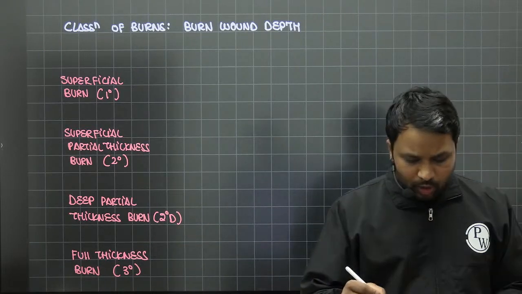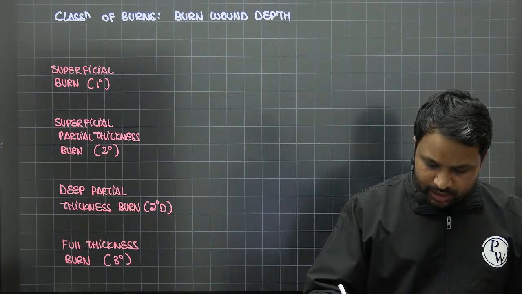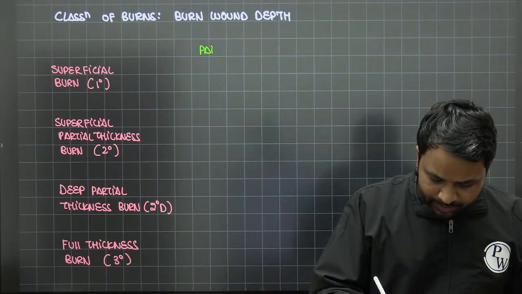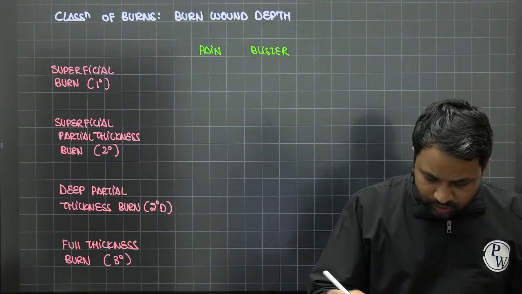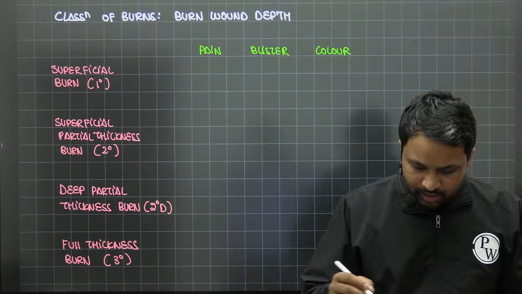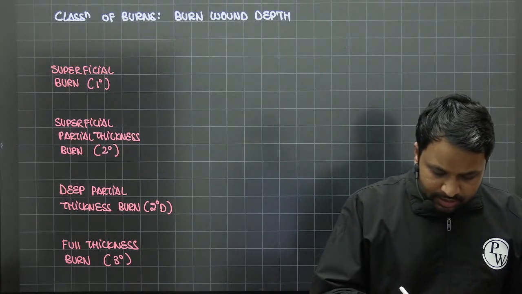Okay? Now, on what basis are you going to consider all this, right? The criteria of considering various components here are going to be pain, the component of blister, the color, but more importantly, I should have added, first we'll consider the structures involved.